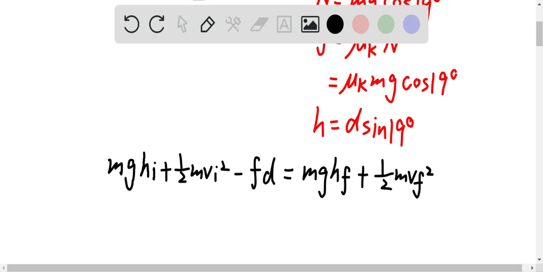We know initially it was at the ground, so the initial height is 0, so hi is equal to 0.